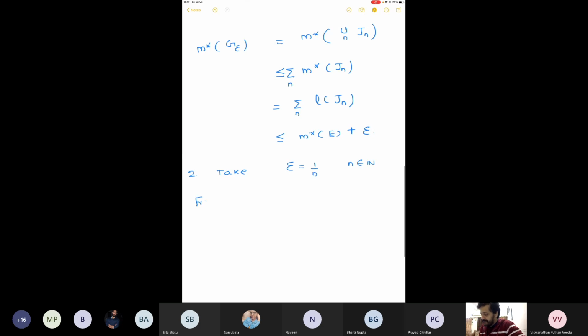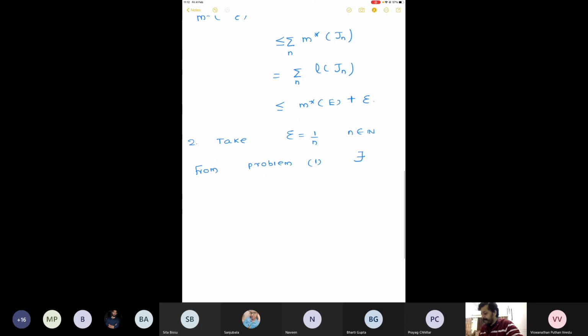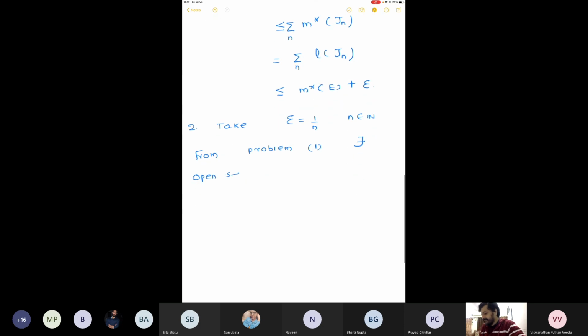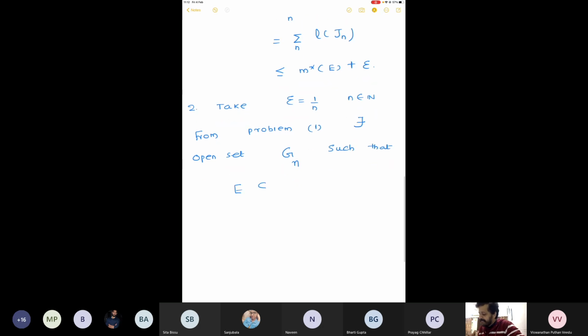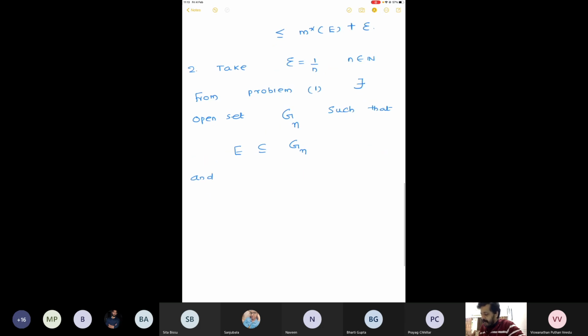From problem 1, there exists an open set, I will call it Gn, such that this open set encloses the given E, E is contained in Gn, and the outer measure of this overestimate is less than or equal to the outer measure of the object you want to measure plus the error level.